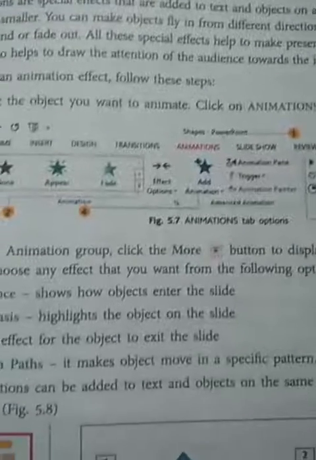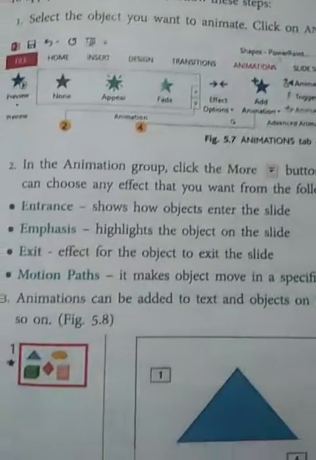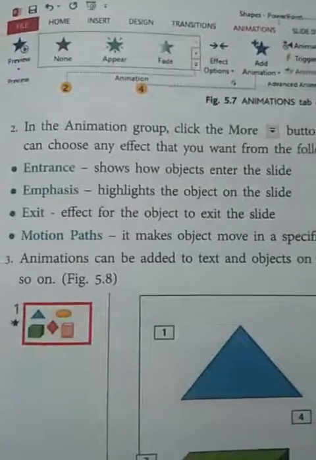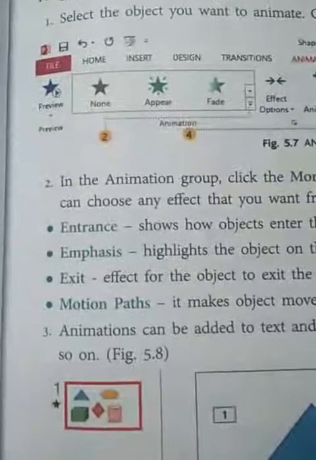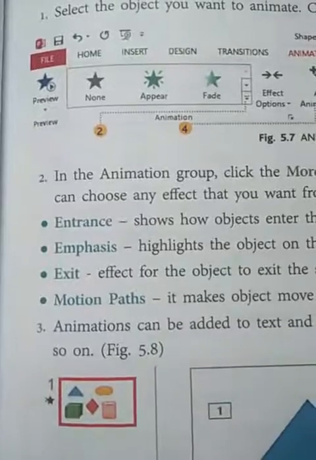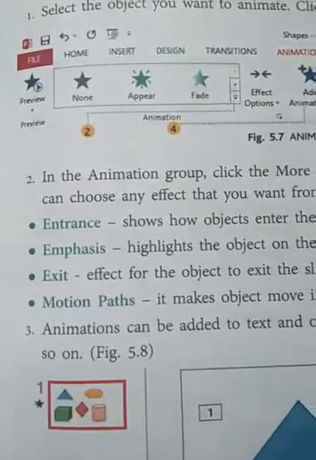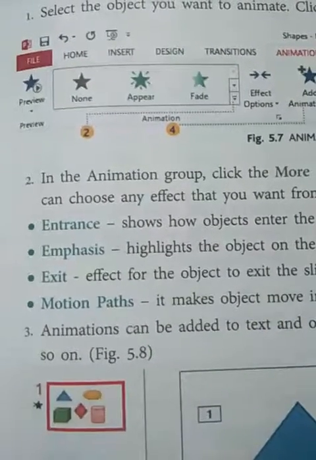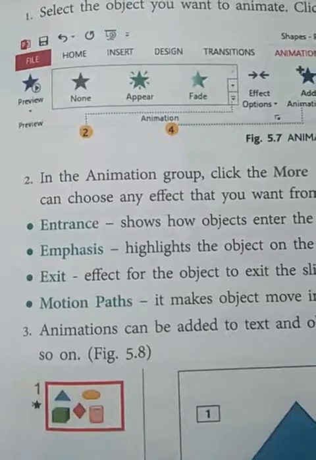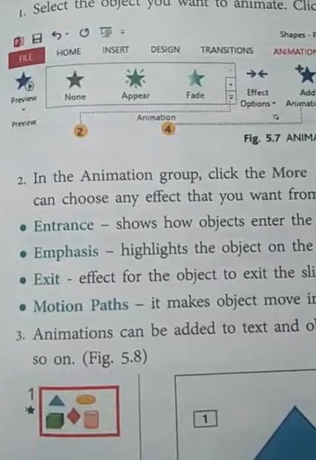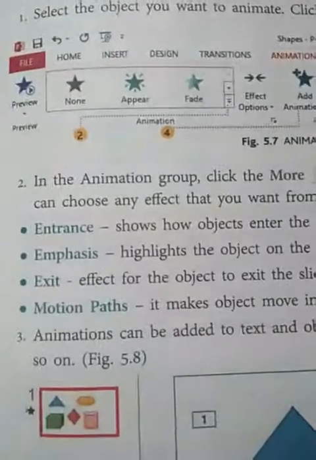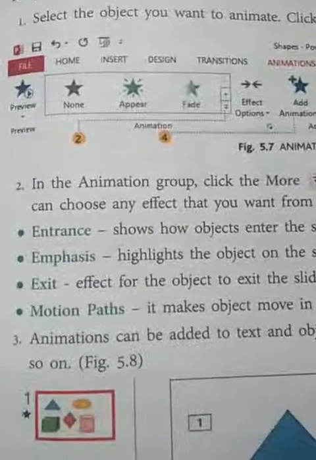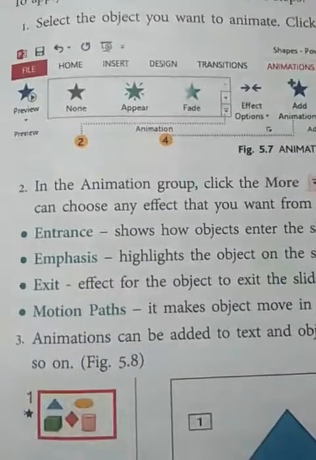There are a few categories: entrance, emphasis, exit and motion path. There are different varieties available in these animations, such as the motion path, so objects can move from one place to another place.